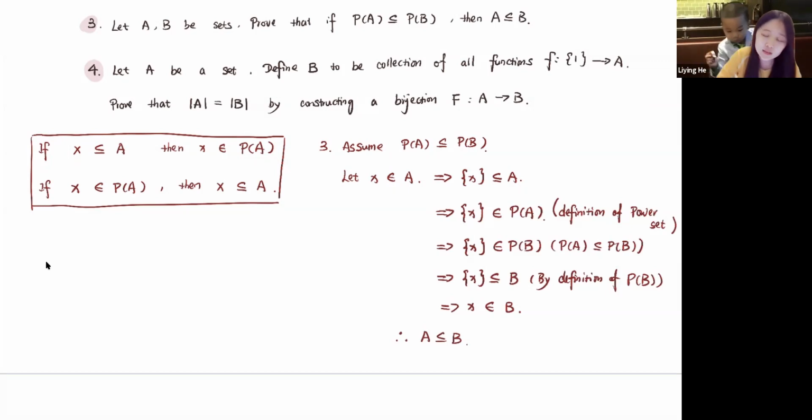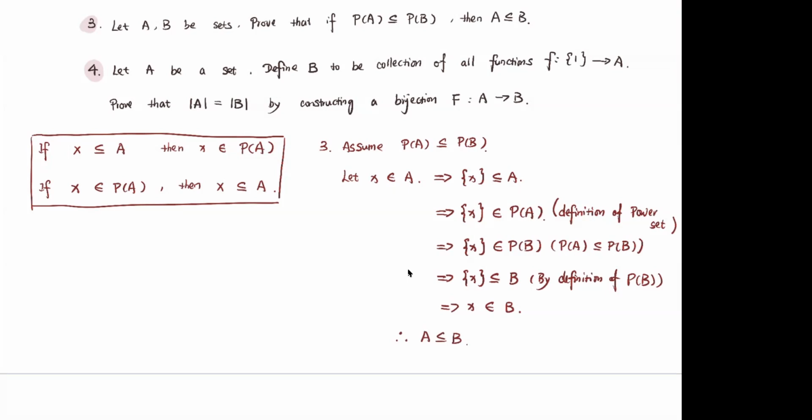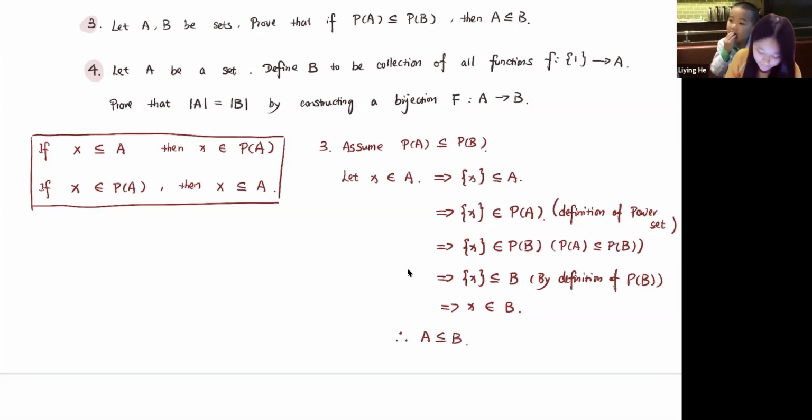It gives you a fact, but it's not that useful in proofs. It's useful when you need to compare the cardinality of two sets. If I have to find the cardinality of something, and I can prove that something is a power set, then it's useful. But in this case, it's not useful.